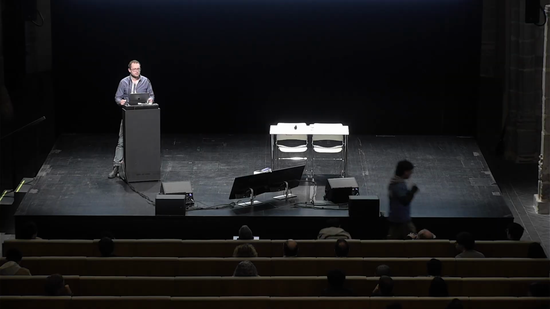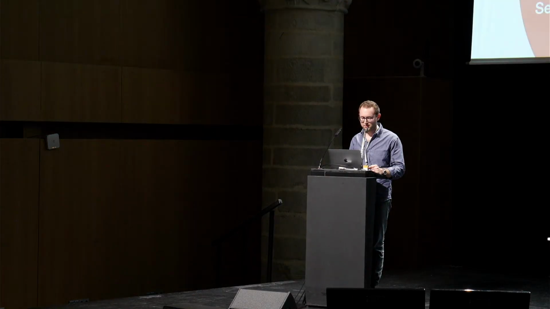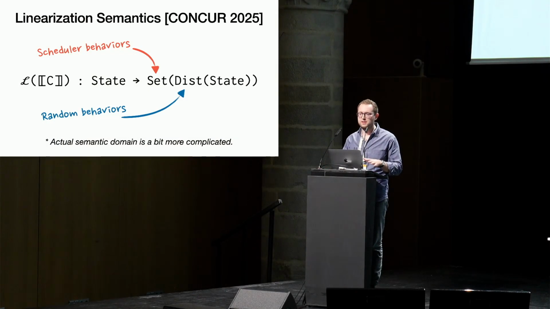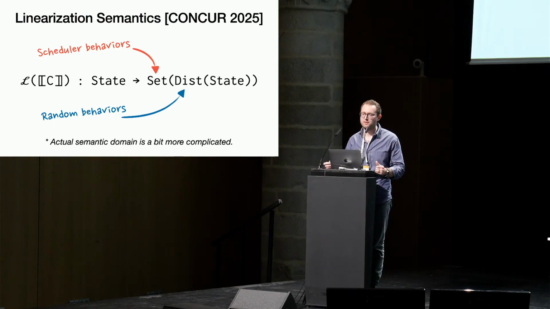Hi, great talk. Appreciate it very much. Can you spell out the validity condition that you get for the triples? Yeah, sure. So this is kind of the semantic model. You have a function from states to sets of distributions of states. The triples are demonic in some sense, in that the postcondition applies to every possible scheduler behavior.